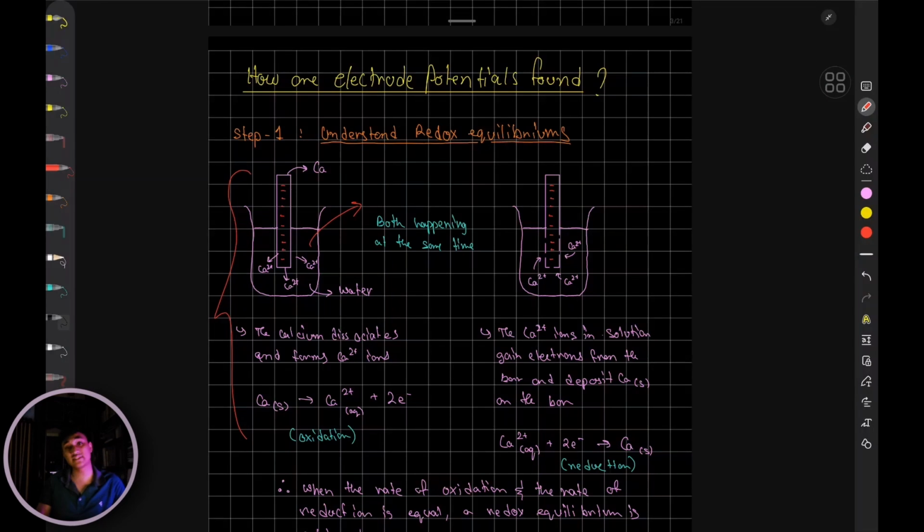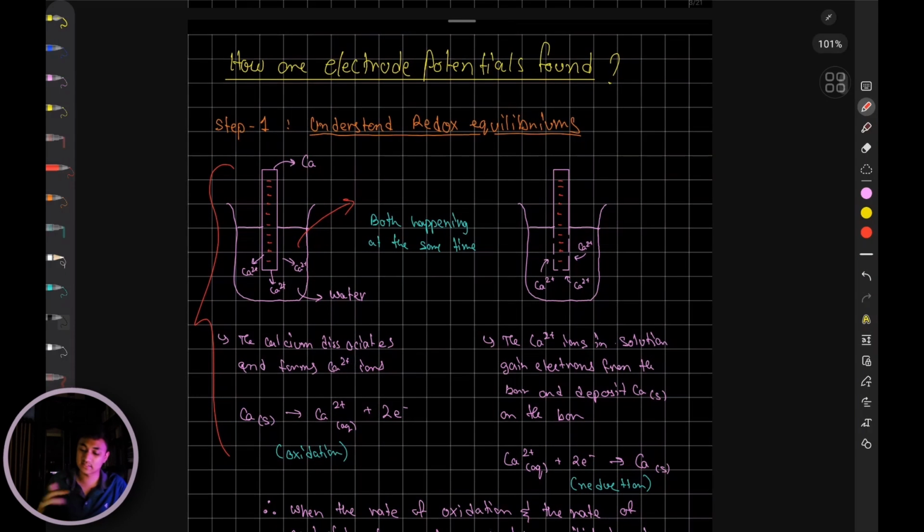Now what you're going to see is some of the calcium atoms are going to dissolve, break down, and form calcium ions, Ca2+ aqueous, right? So what had happened is your calcium atoms, solid, turned into calcium ions and released 2 electrons into the solution.